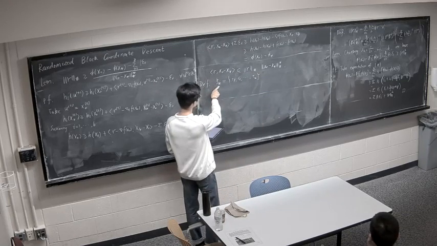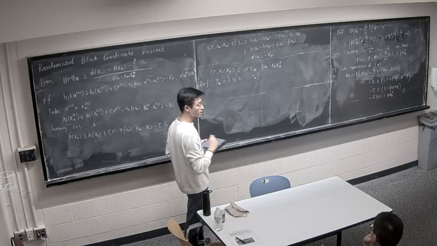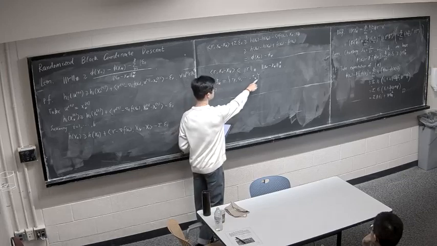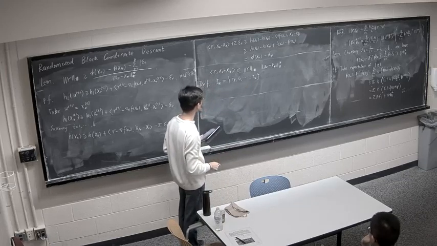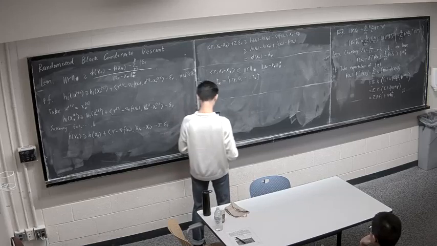Here, C_k is defined to be the sequence of all the random coordinates we generated before iteration k, or until iteration k. So it's a collection of k random variables.